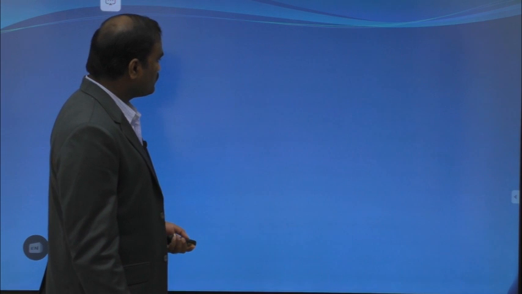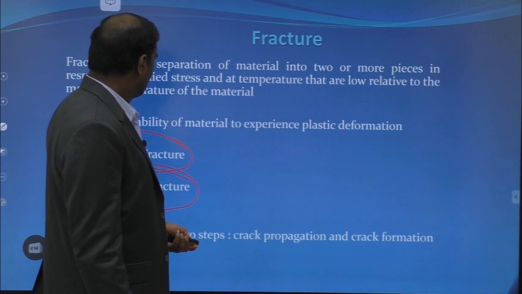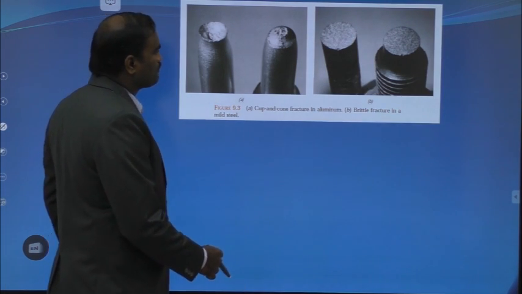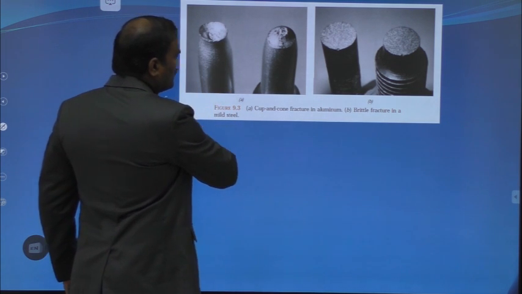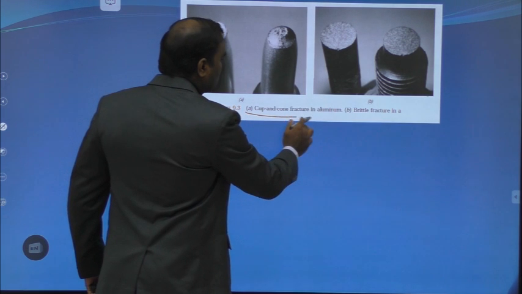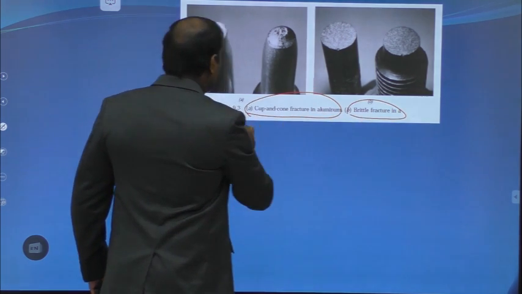Now you can see these two pictures. This is called cup and cone fracture in aluminium, and this is brittle fracture in mild steel.